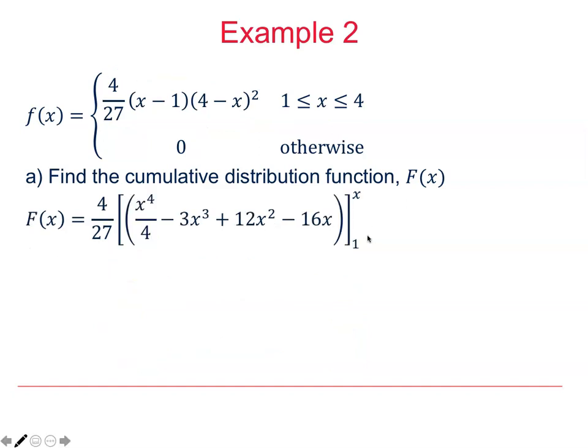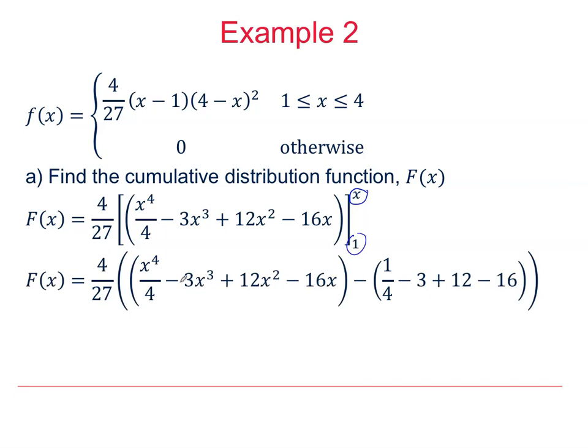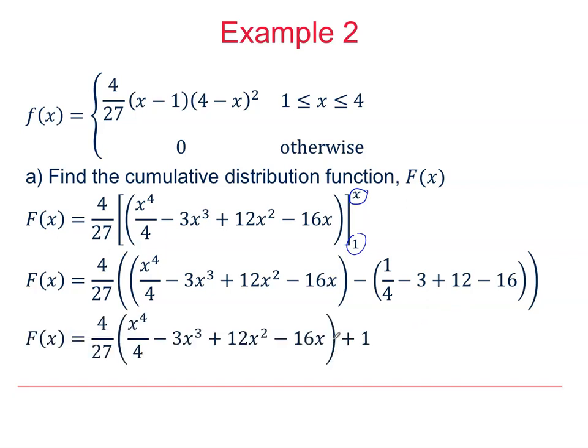We now need to carry on by substituting the two limits into the expression for the CDF. We see here the whole expression remaining as x, and then over here the expression where 1 has been substituted in for x. If we simplify all of this and bring the terms together, then we finish up with this quartic expression here.